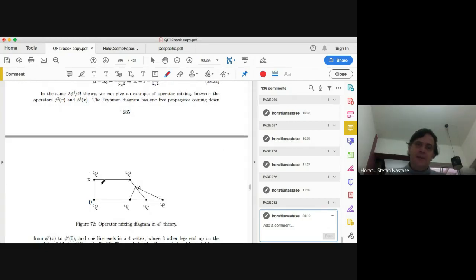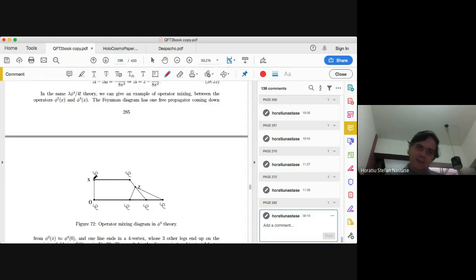So the same logic, the mixing between phi squared at x and phi to the 4 at 0 is represented by the Feynman diagram, where I point split, at least on the sheet on which I draw, the operator phi squared as a phi at a point and another phi at another point connected by a line.